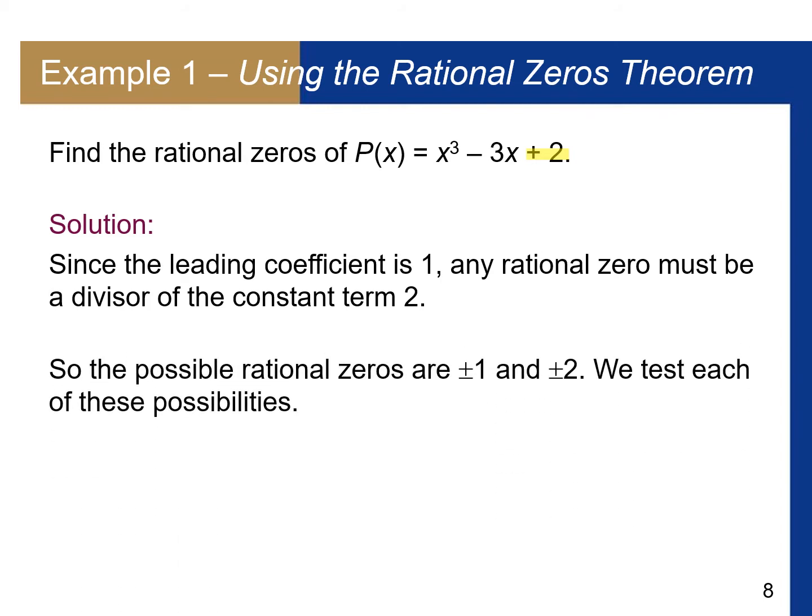And this is really a simple one because we have prime numbers for both the leading coefficient and the constant term. So I only have possibilities of plus or minus 1 and plus or minus 2. And it'll always be plus or minus those values.